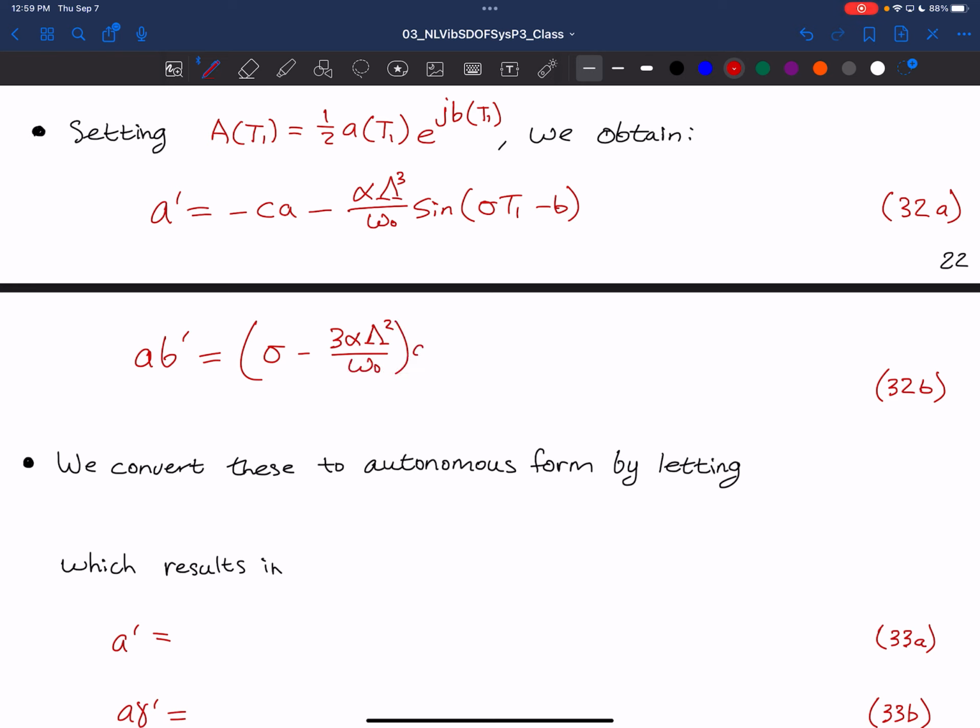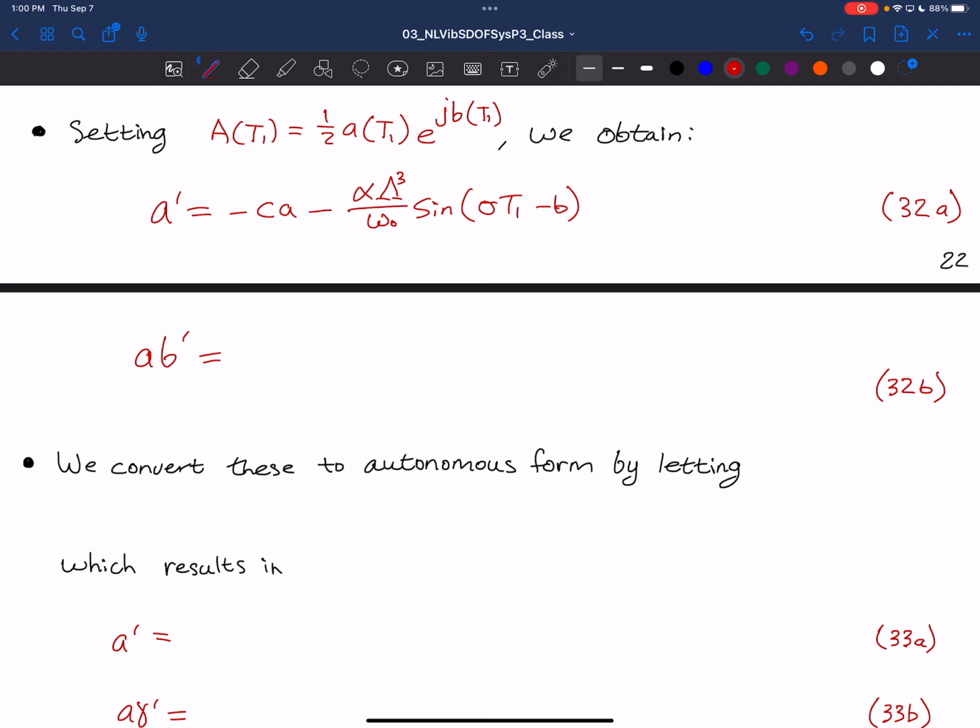That quantity multiplied by a minus 3 alpha over 8 omega 0 times a cubed minus alpha lambda cubed over omega 0 times the cosine. Oh wait, hold on. I've been reading from the wrong line. Let's start this over. And this is why you should use pencils.